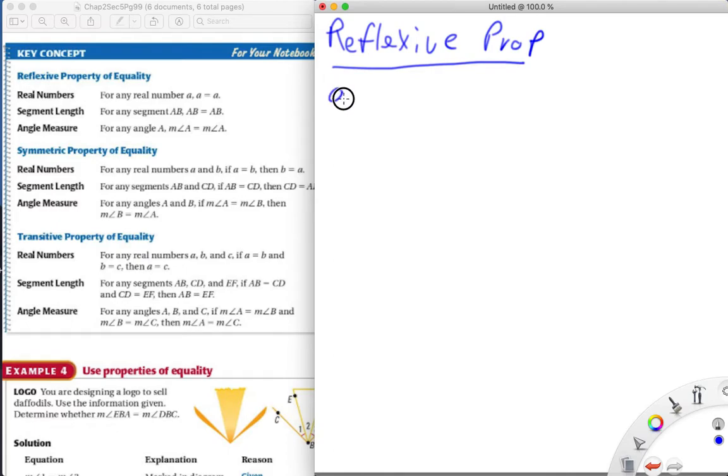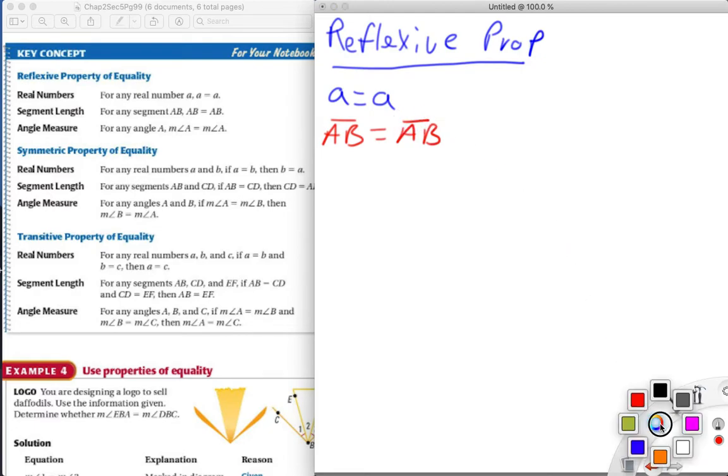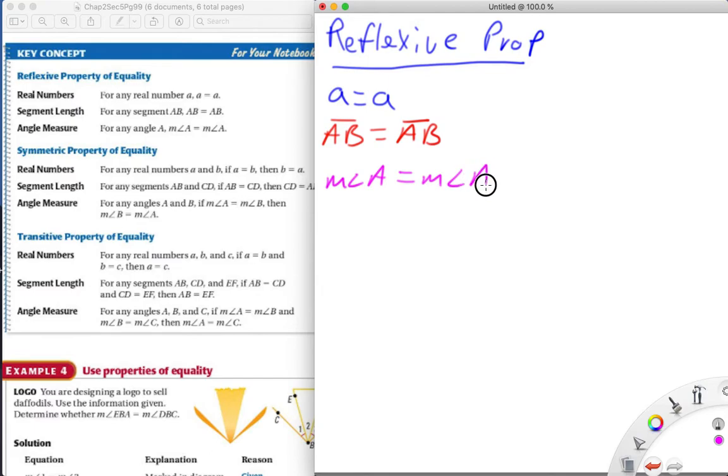So some number a is equal to itself. That's with numbers. In geometry, we have segments and angles. So we could say that segment AB is equal to itself. And we actually use reflexive property a lot in proofs. Super duper a lot. And then we also do it with angles. Angle of measure A is equal to itself. So reflexive property of equality.